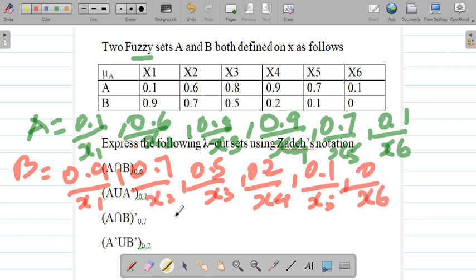So here they are asking A intersection B lambda 0.6.